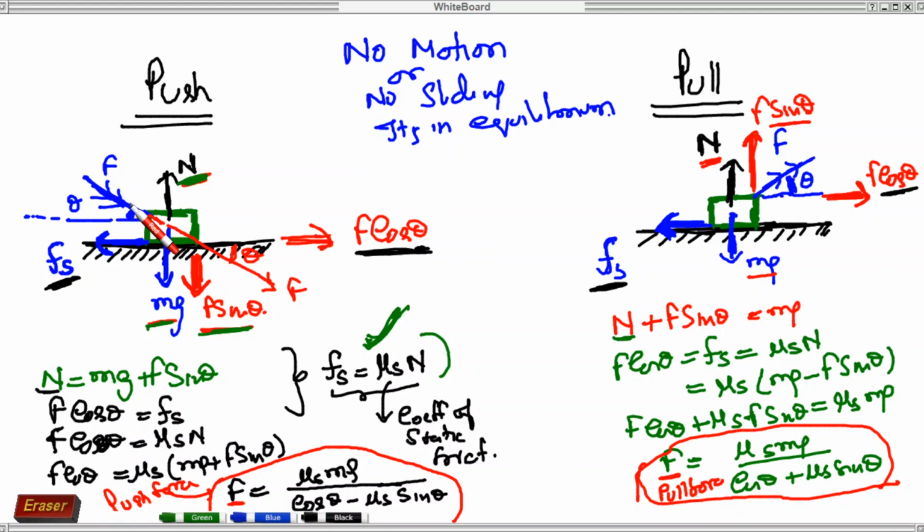And here we are pulling. Here we are pulling this block. So here we got this pull force value and this push force value. But you can see both these equations are very much similar.